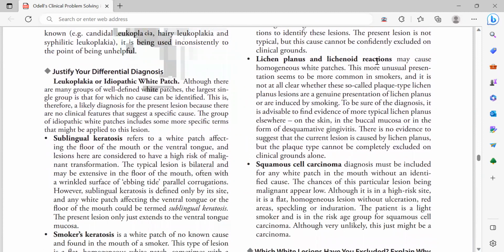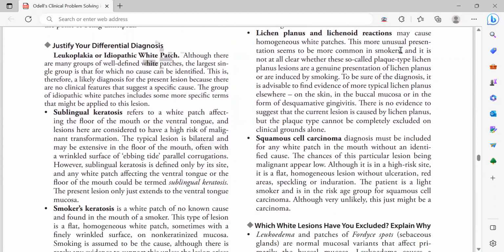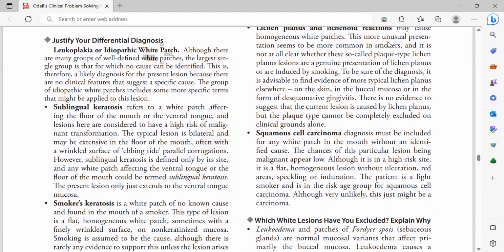Then lichen planus and lichenoid reactions may cause homogeneous white patches. This more unusual presentation seems to be more common in smokers, and it is not at all clear whether these so-called plaque type lichen planus lesions are a genuine presentation of lichen planus or are induced by smoking.